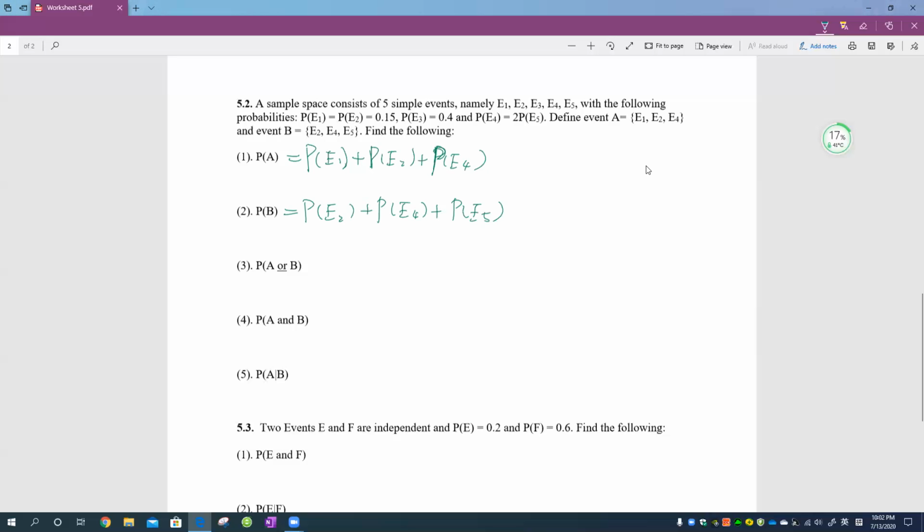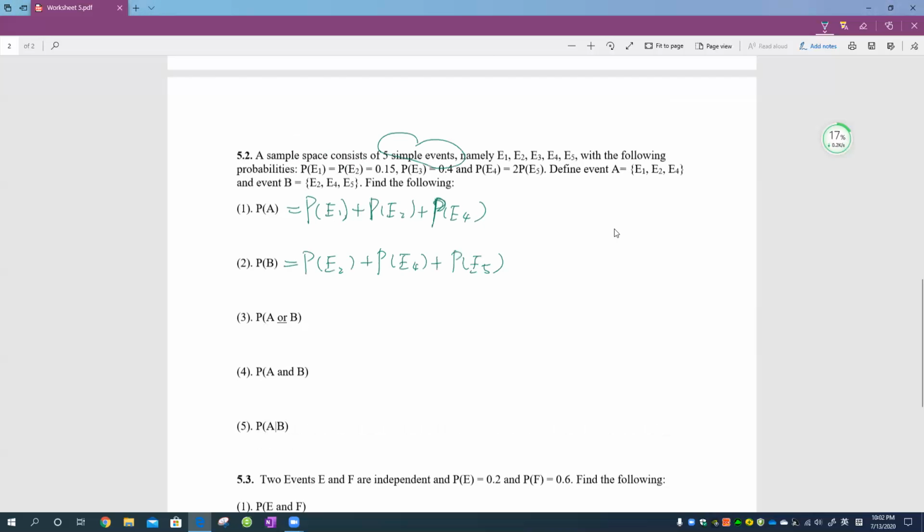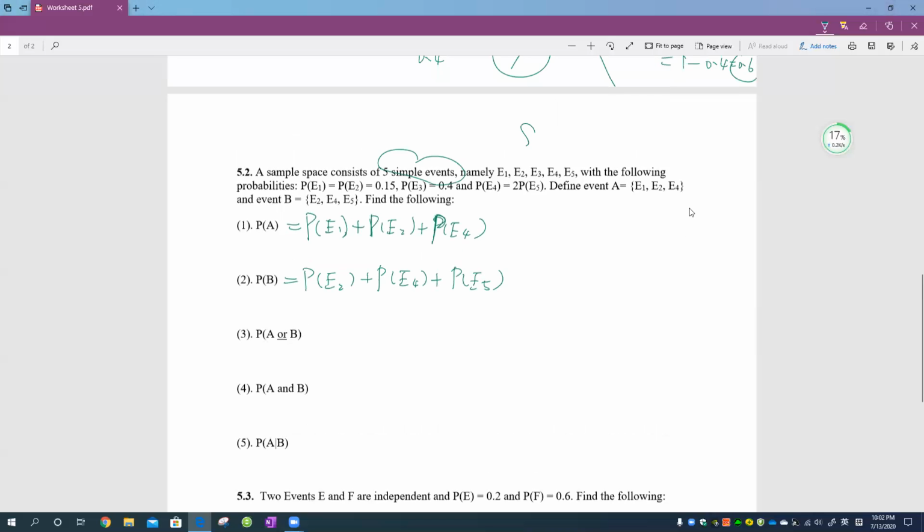So now let's see how to get those probabilities. And we know a sample space consists of these 5 simple events. So then we say sample space equals E1, E2, E3, E4, and E5.